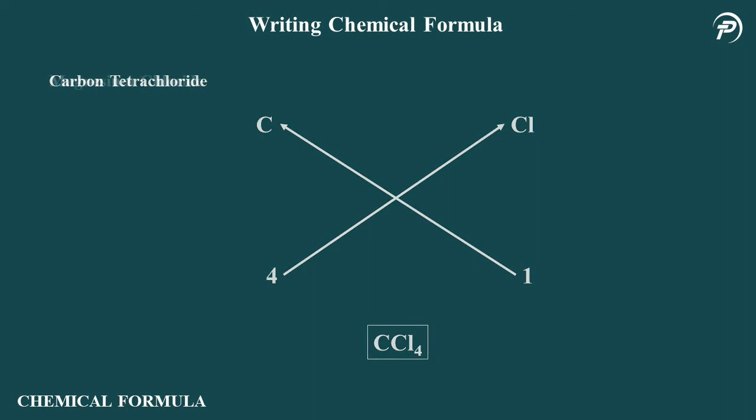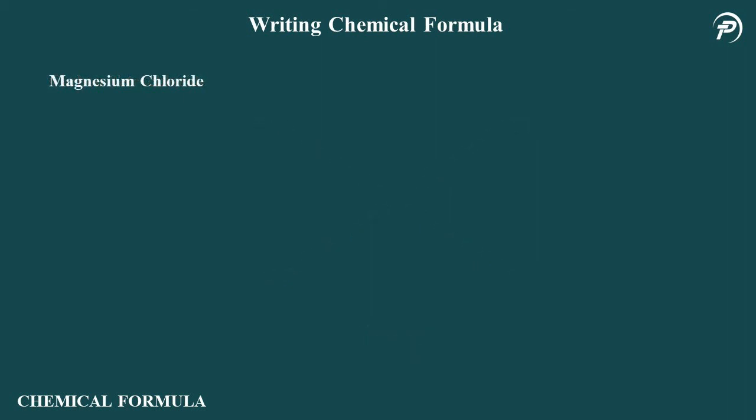Fourth example is magnesium chloride. As we can see, there is a metal magnesium and a non-metal chlorine, and they have charges over them. Magnesium +2 and chlorine -1. To write the formula of this compound, first we have to write the symbols of constituent atoms, then write the quantity of charges just below the symbol, which is 2 for magnesium and 1 for chlorine.